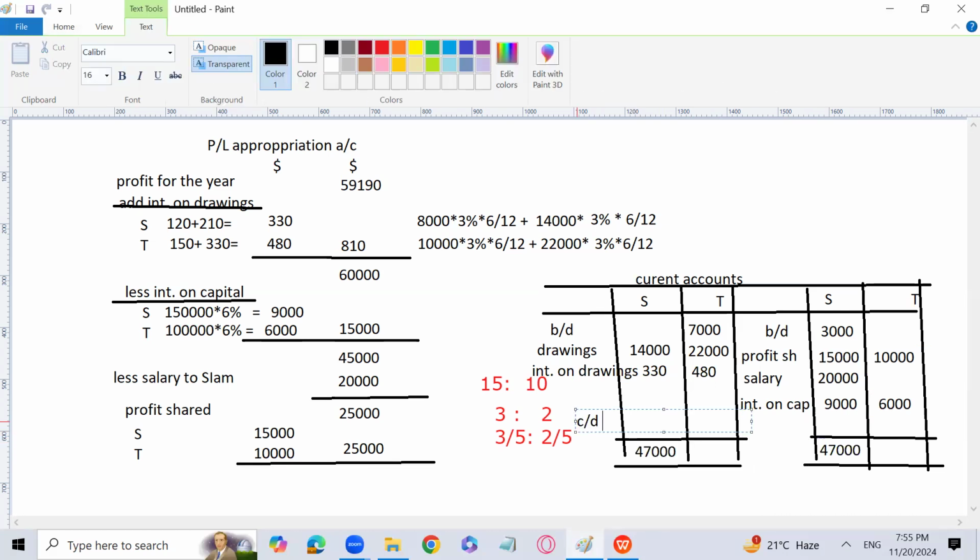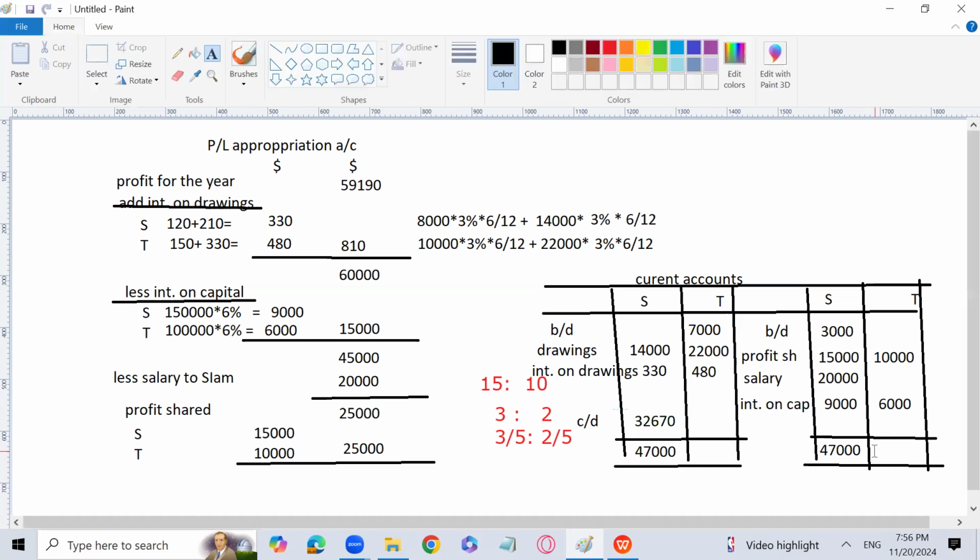So I want you to tell me the carried down, how it actually comes. 47,000 minus 14,000 and 330. Answer will be 32,670.